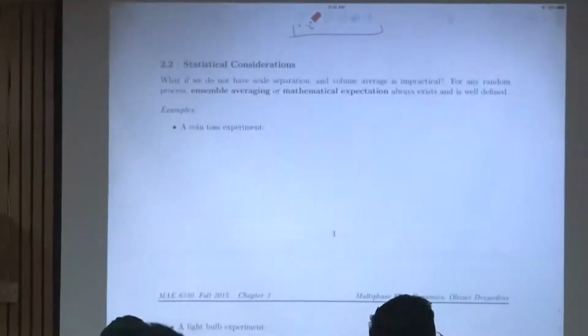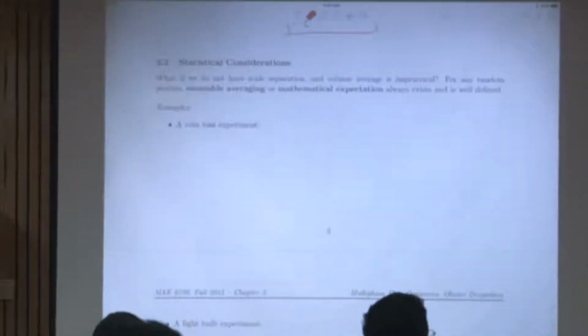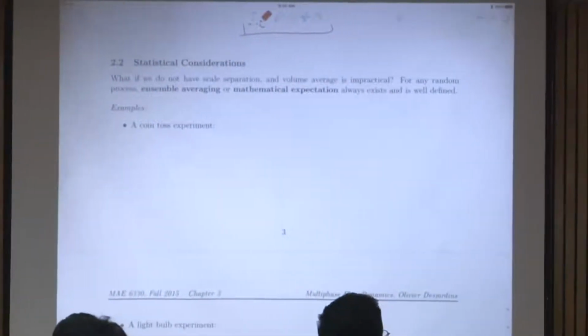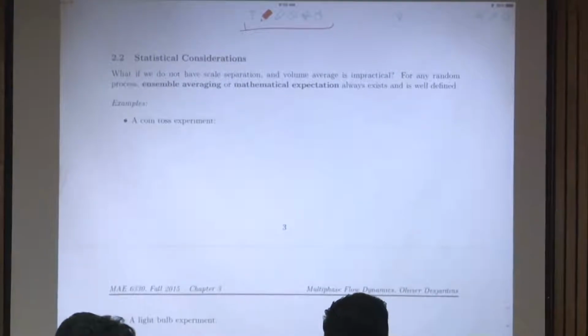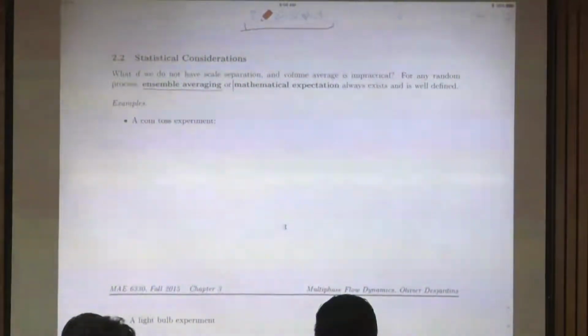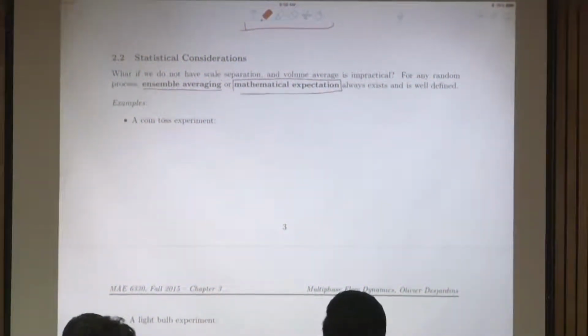Basically, the argument is if you don't have scale separation, you cannot rely on volume averaging, or at least you cannot rely in a practical way on volume averaging, or at least that would be the argument. I'll show you that this is not necessarily true. But ensemble averaging is always going to be available to you. And essentially what we're saying here is that as long as you have a random process going on, you can always define the mathematical expectation.